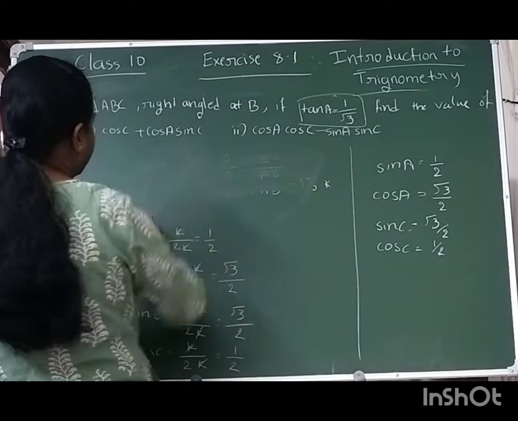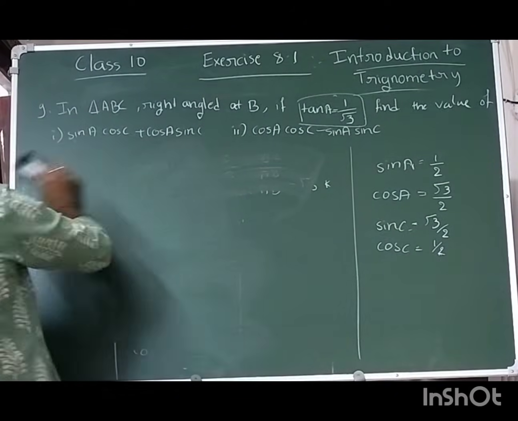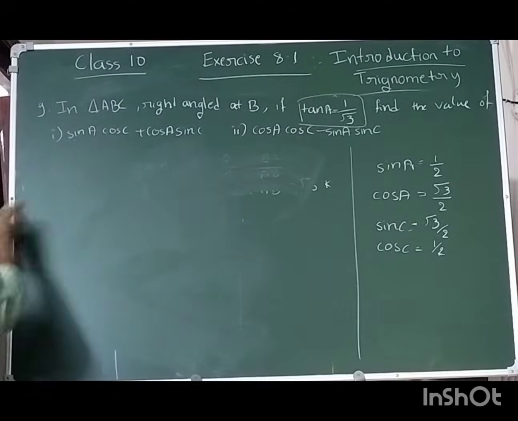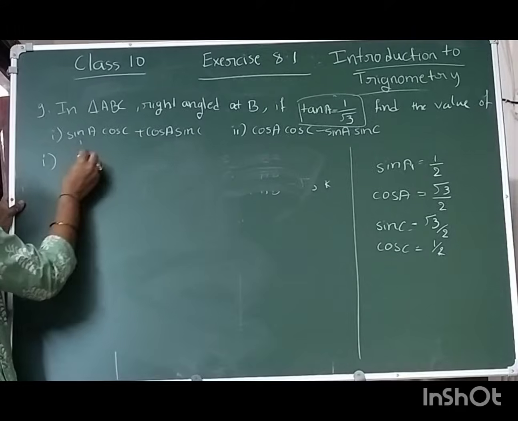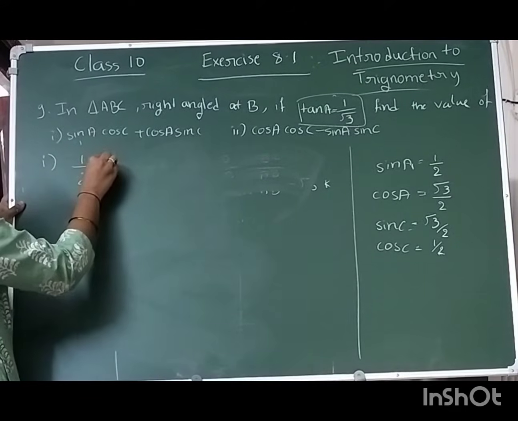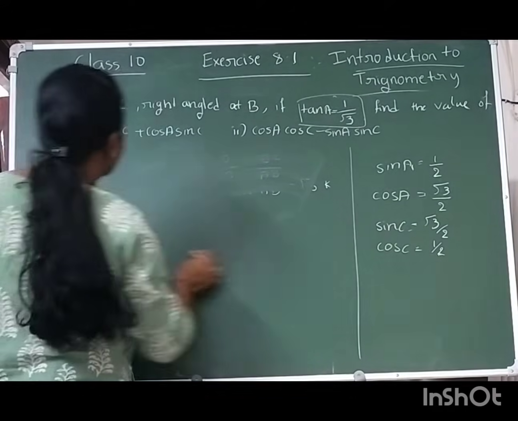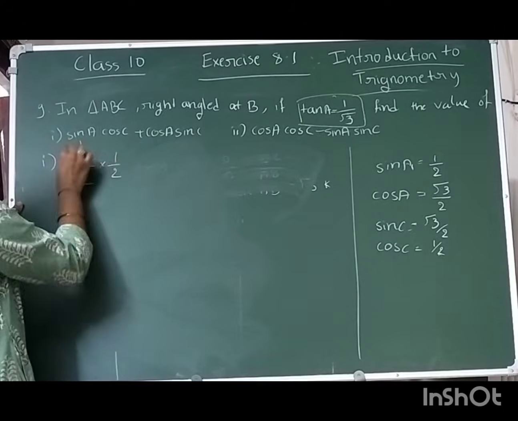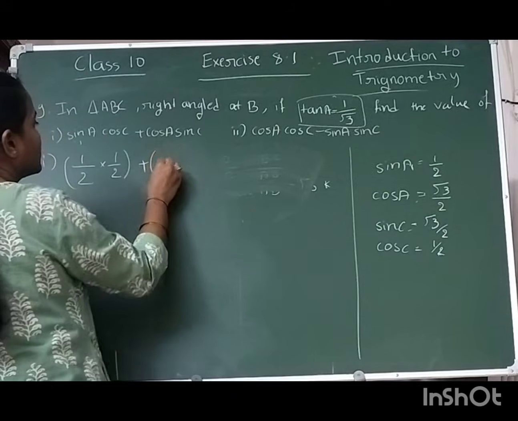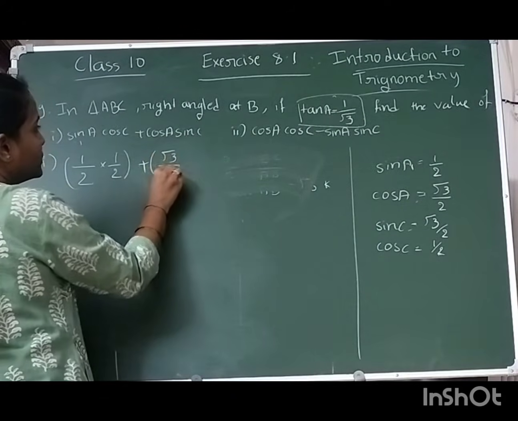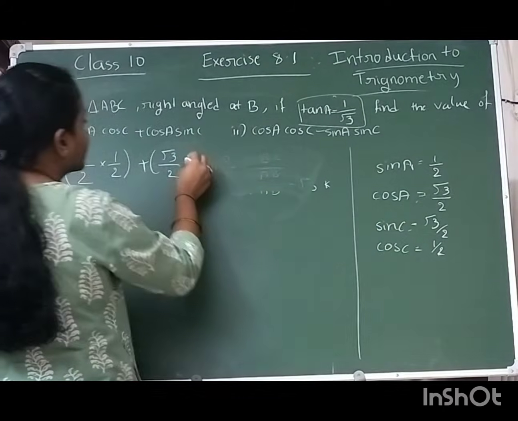So now we'll solve the given questions. The first one is sin A cos C plus cos A sin C. So sin A, what we got, is 1 by 2, and cos C also we got as 1 by 2, plus cos A we got as root 3 by 2 into sin C also we got as root 3 by 2.